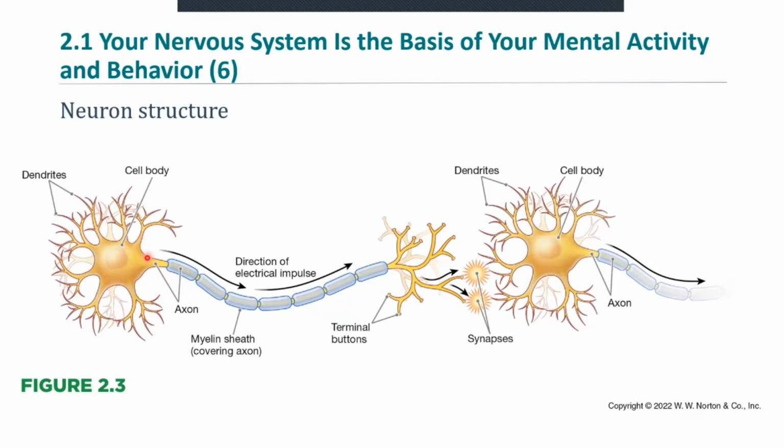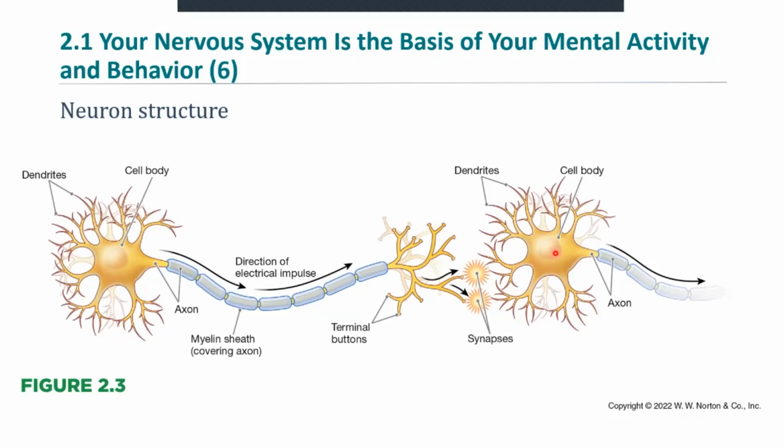It integrates the information within the cell body, meaning it kind of sums up all the different signals it's getting. And when it reaches a certain threshold, like there's enough incoming signals, it will send an electrical impulse along the axon, causing these terminal buttons, these little branches at the end, to release a chemical to communicate with this other neuron on the right.